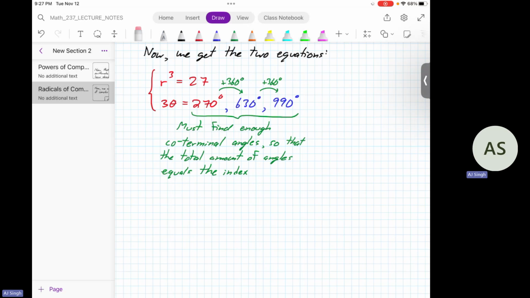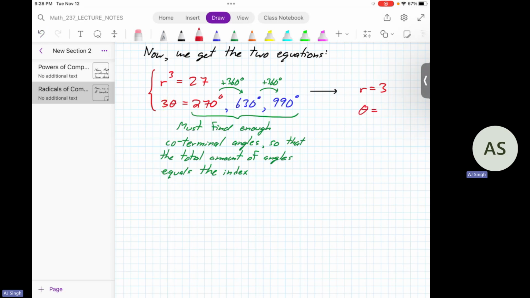And now we can solve for r and theta, right? So first equation, r cubed is 27. So that means r equals 3. And the second equation, I can divide by this yellow 3 to get theta by itself.